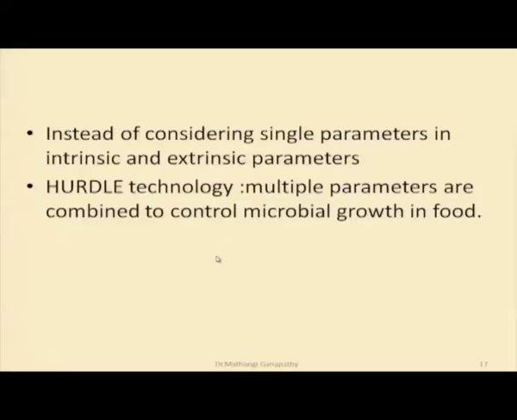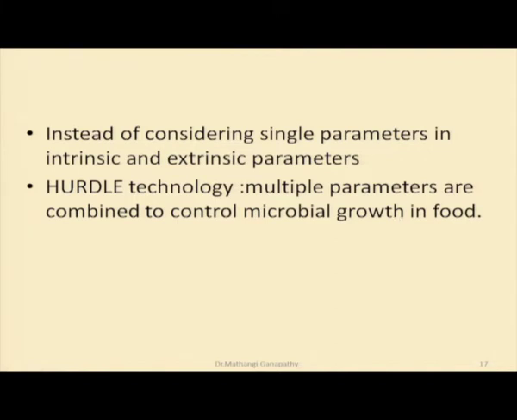So, we combine both the intrinsic factors which can promote microbial growth and the extrinsic factors. Then we take the optimum amount which will cause the bad microbes to die fast, and combine both these factors. This is called hurdle technology, where multiple parameters are combined to control the microbial growth in food and also to increase the shelf life.